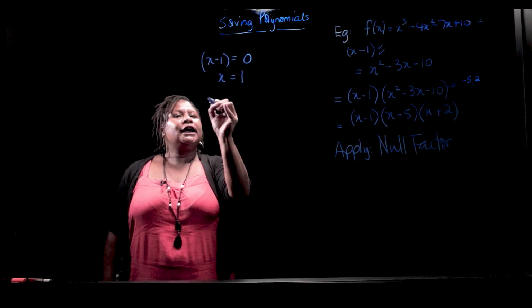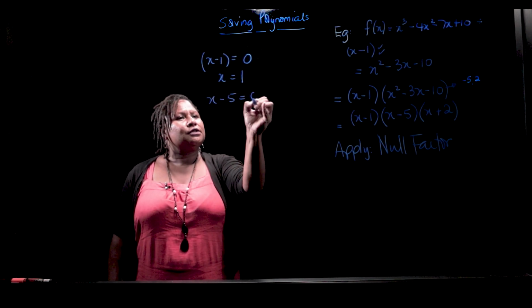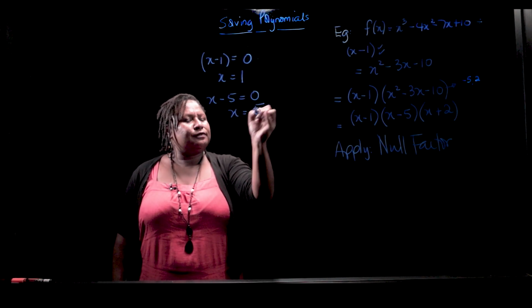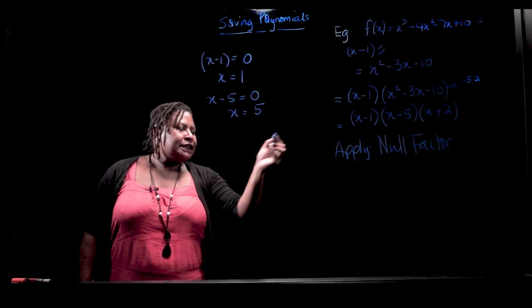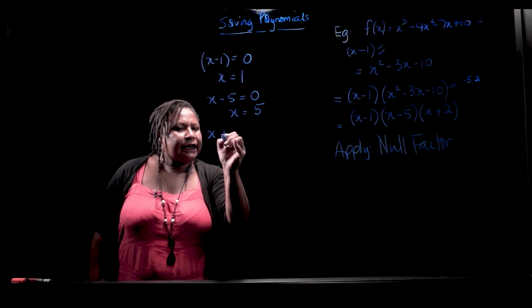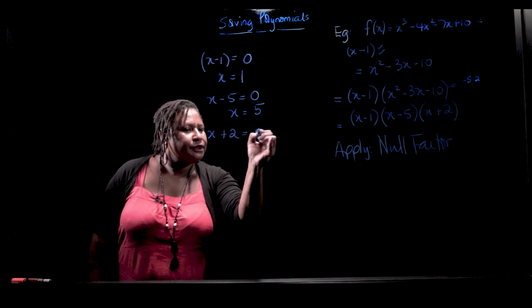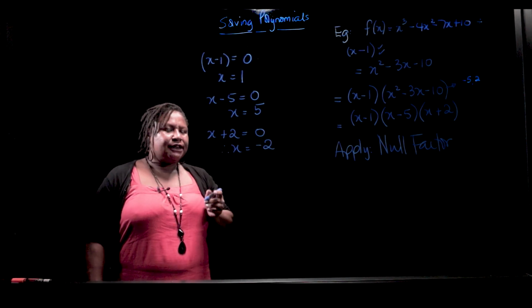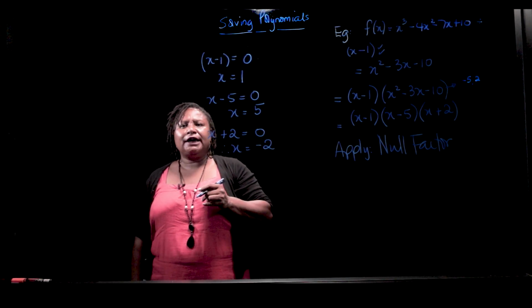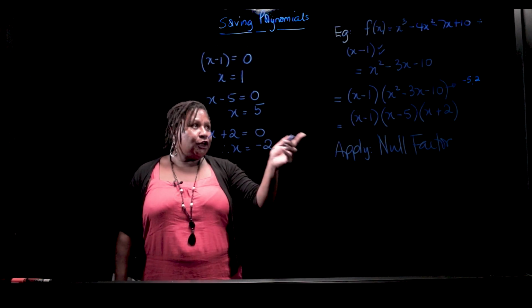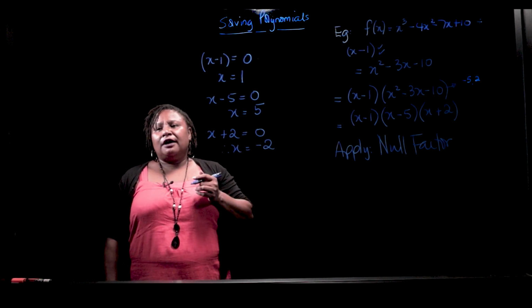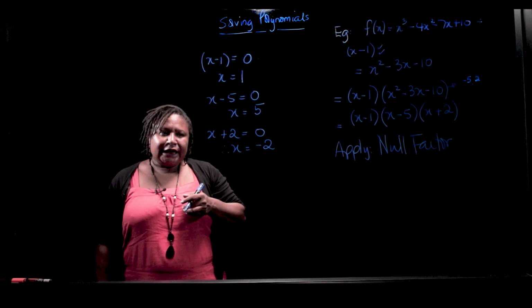Then we have x minus 5 equal to 0. We have x equal to positive 5. And the last factor, x plus 2 equal to 0, x is therefore equal to negative 2.